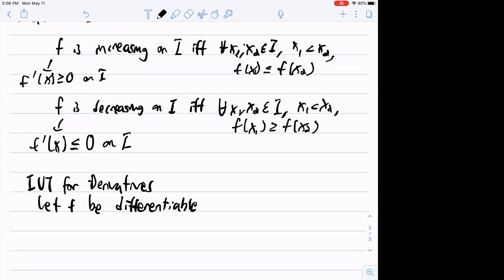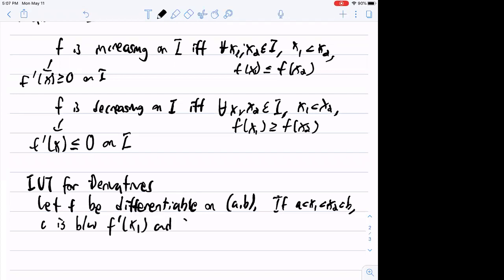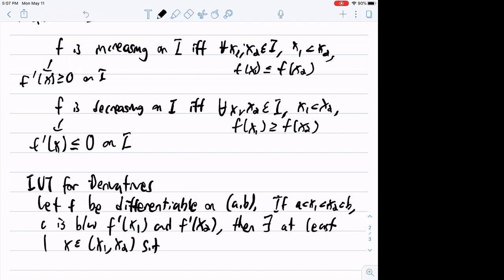I'm basically going to write the IVT property: if a less than x1 less than x2 less than b, and C is between f prime of x1 and f prime of x2, then there exists at least one x in (x1, x2) such that f prime of x is C.